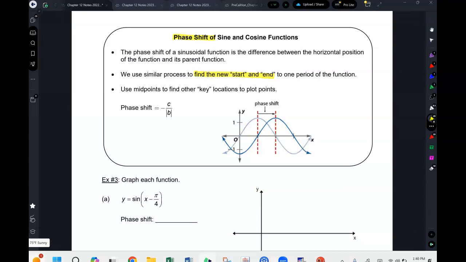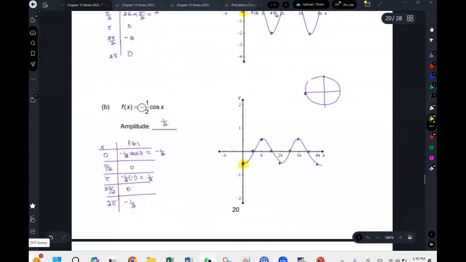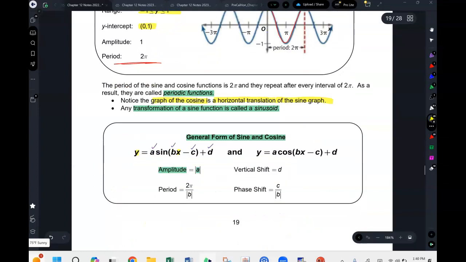So before, when we talked about our parent function, or the general form of the function, you remember there were the constants A, B, C, D, and each one of them was responsible for one thing. So what was A responsible for? Amplitude.